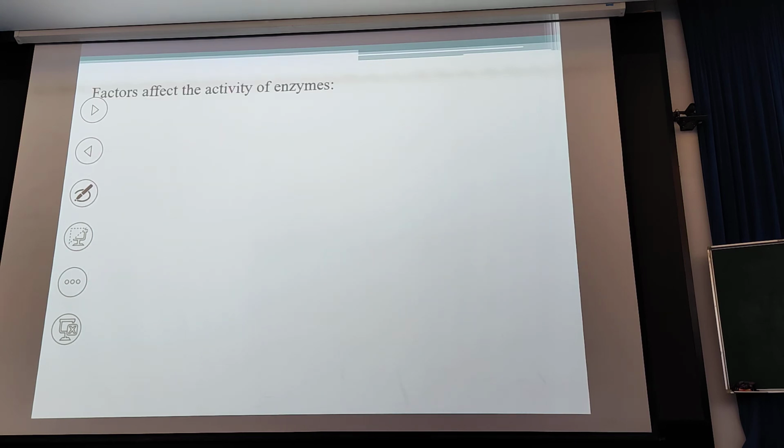So there are many factors that can affect the activity of enzymes. We have first the pH. Each enzyme has an optimum pH at which its rate of reaction is fastest.